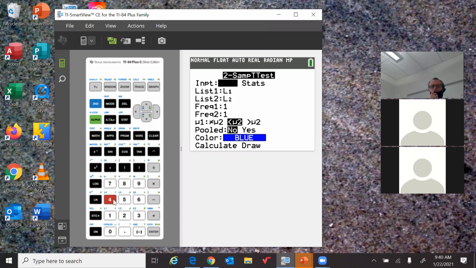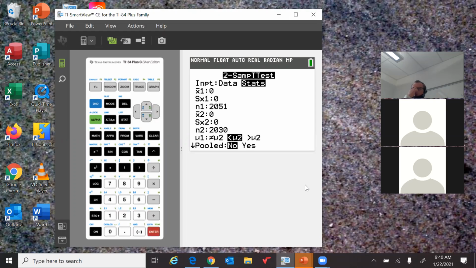You get this option. Am I inputting the data like you would be for the apartment problem, because you'd put them in lists? Or am I doing the summary statistics where they're telling me the mean and standard deviation?